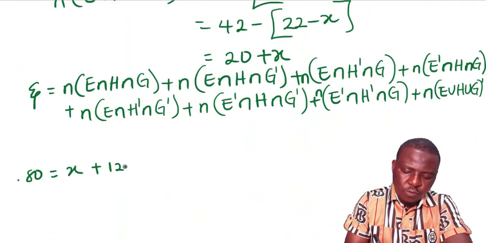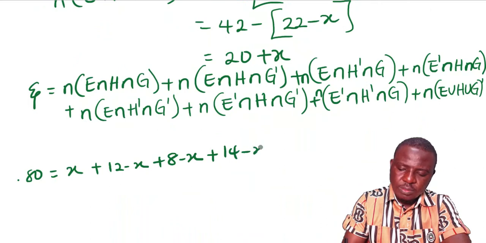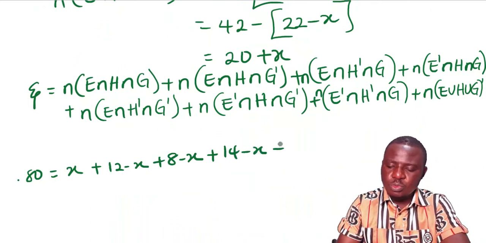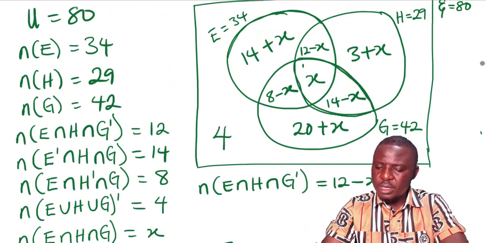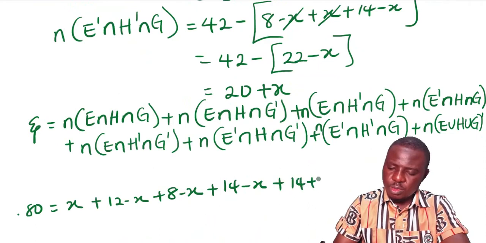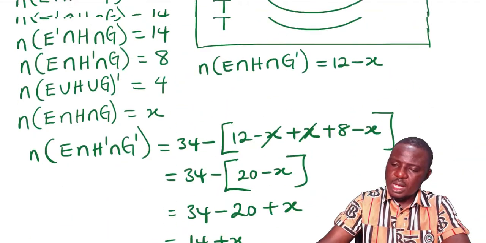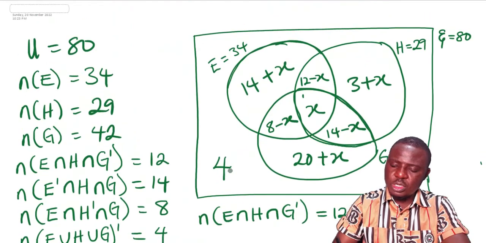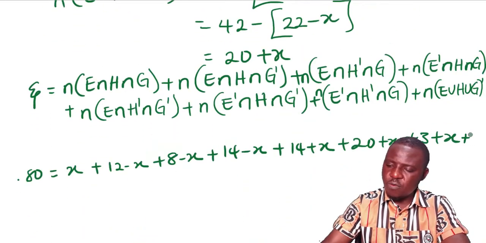So I have plus 12 minus x plus 8 minus x plus 14 minus x. These are those who offer 2 subjects only, plus those who offer only 1: I have 14 plus x, 3 plus x, as well as 20 plus x. So plus 14 plus x plus 20 plus x plus 3 plus x. Also, we have those who did not offer any, that is 4. So you also add it, plus 4.